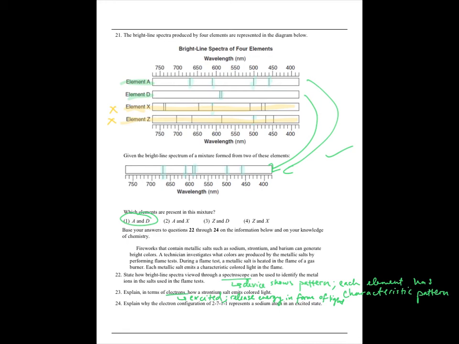And then number 24, explain why the electron configuration 2-7-1-1 represents a sodium atom in an excited state. Because if you look at sodium on the reference table, it should look like 2-8-1, that's ground state. And when you compare it, 2-7-1-1 is an excited state. You take one from a lower level, bring it up to a higher level, and that's it.